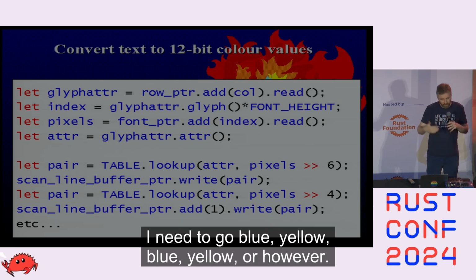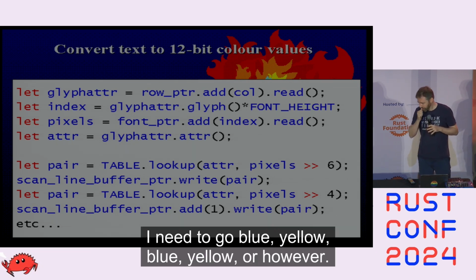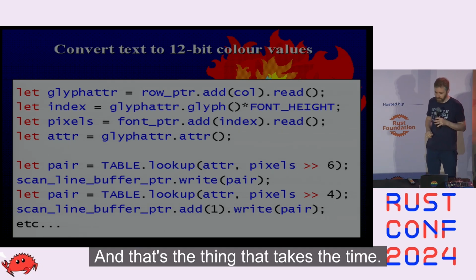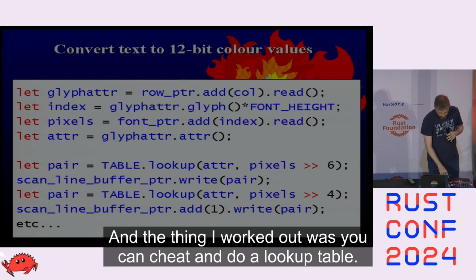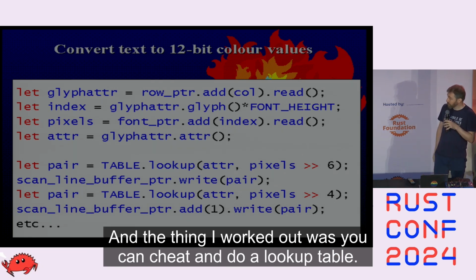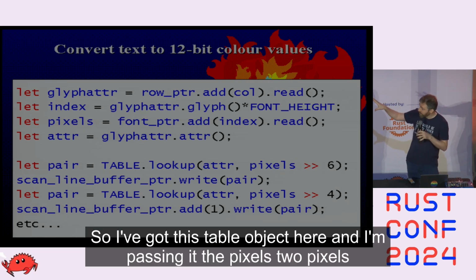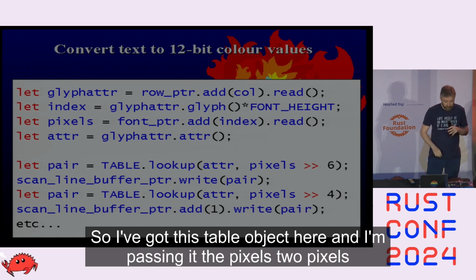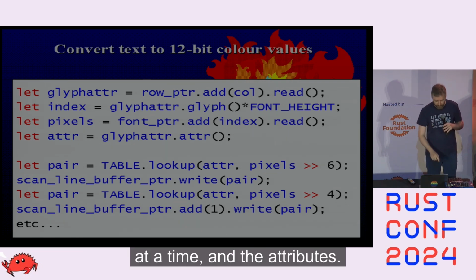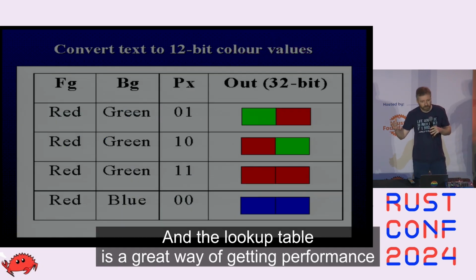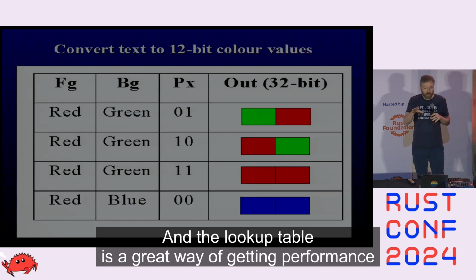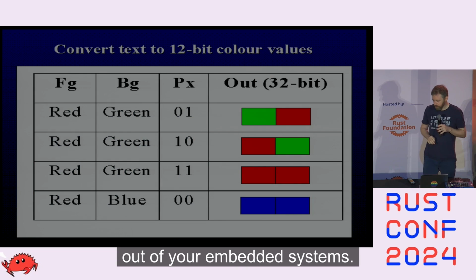I need to go blue, yellow, or however. And that's the thing that takes the time. And the thing I worked out was you can cheat and do a lookup table. So I've got this table object here, and I'm passing it the pixels, 2 pixels at a time, and the attributes. And the lookup table is a great way of getting performance out of your embedded systems.